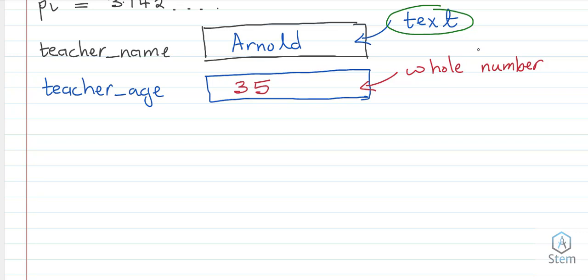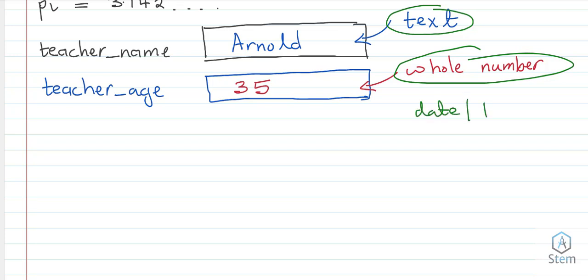You might be dealing with numbers. You might also be dealing with data that is date or time. These are examples of data types.